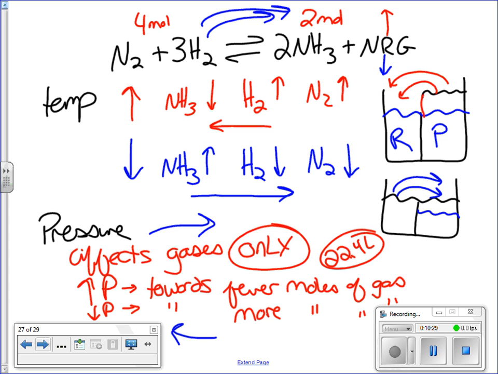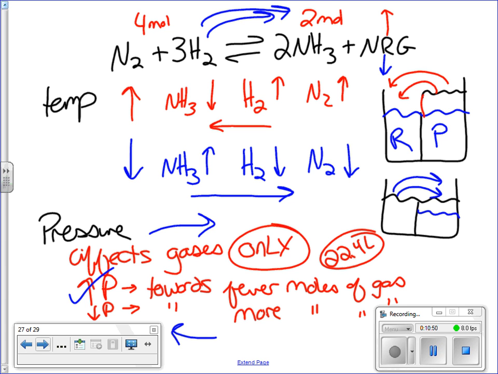Now, I've talked to you about these before, these real-life applications. If my job is to produce as much ammonia as possible, what am I going to do to fully optimize this reaction so that my equilibrium shifts as far to the right as possible? Well, I'm going to probably do it under a really high pressure so that it tips towards the products.